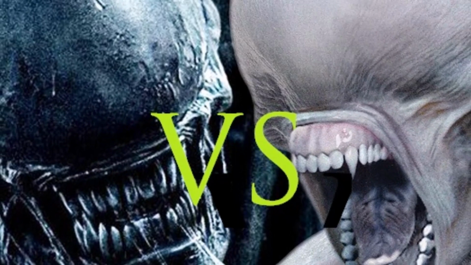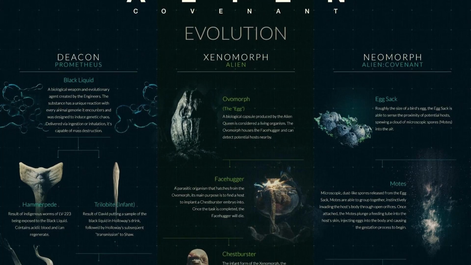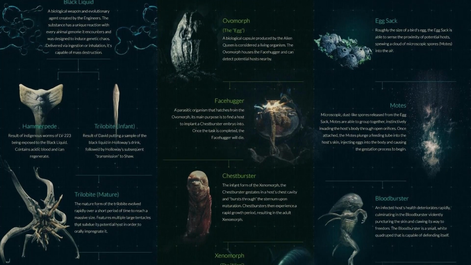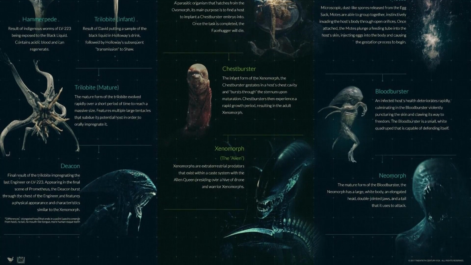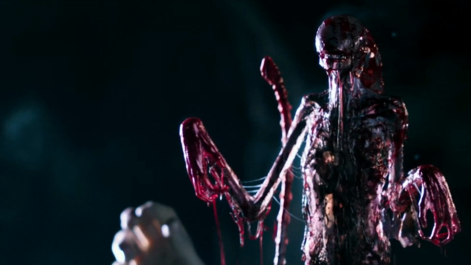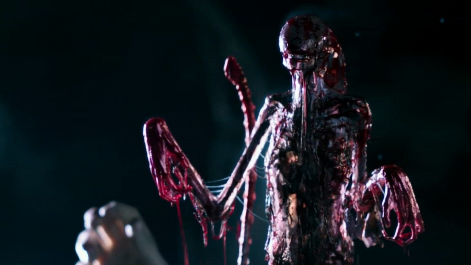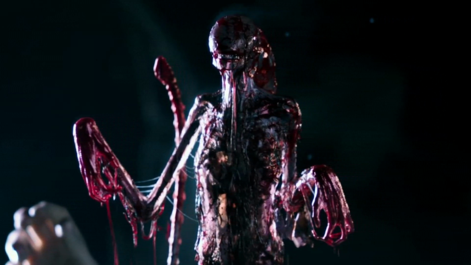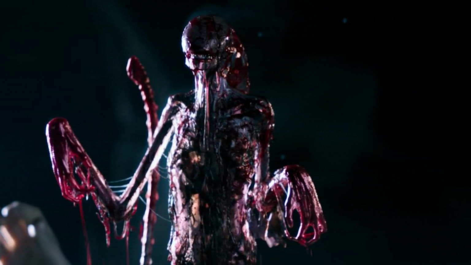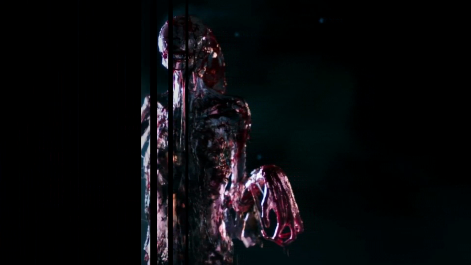Neomorphs, which are created from spores or motes, exhibit a simpler life cycle, emerging directly as bloodbursters, which rapidly grow into a fully sized neomorph without undergoing further development. The Predomorph, on the other hand, follows a familiar chestburster stage, but unlike the xenomorph, this infant that comes out from the chest of a human host already displays the fully formed body structure of its adult stage, but in a smaller miniature form.